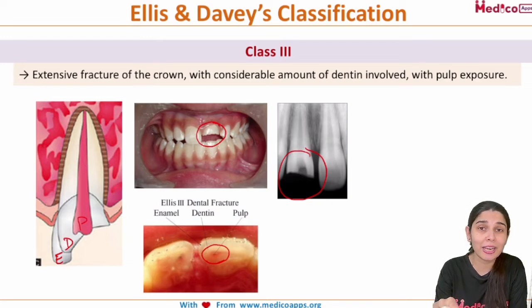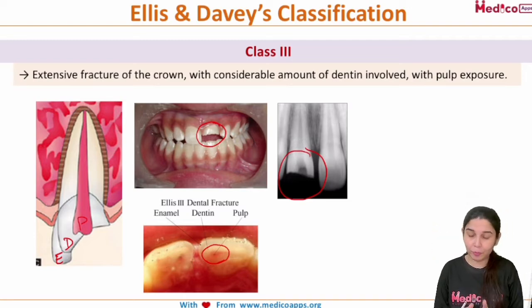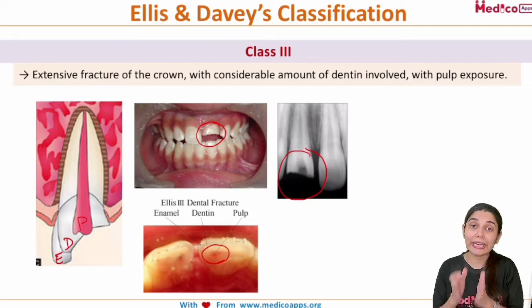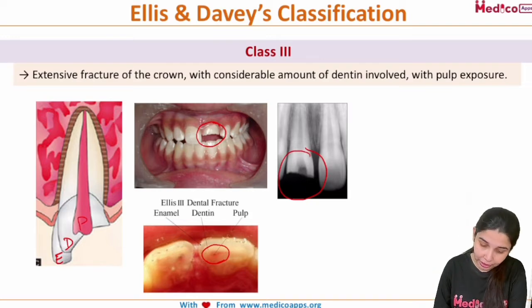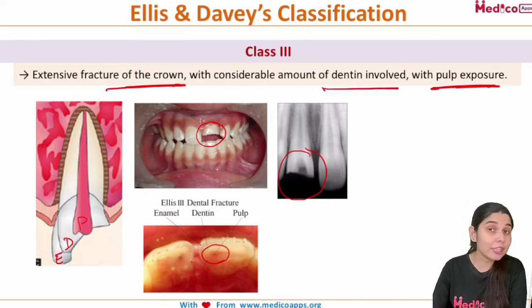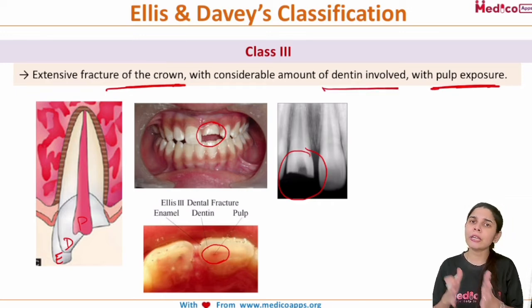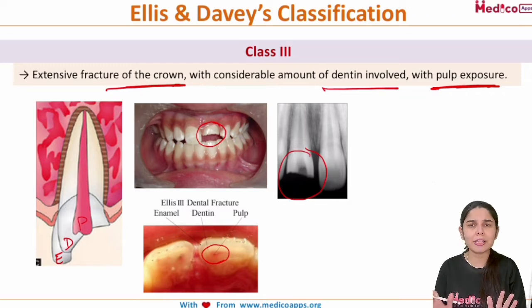And MCQs, definitely, a question can be framed from Ellis classification. So I hope you have understood what is Ellis class 3, an extensive fracture of the crown involving enamel, dentin, and now there is pulp exposure. So till class 3, it is very simple: enamel, dentin and pulp exposure.